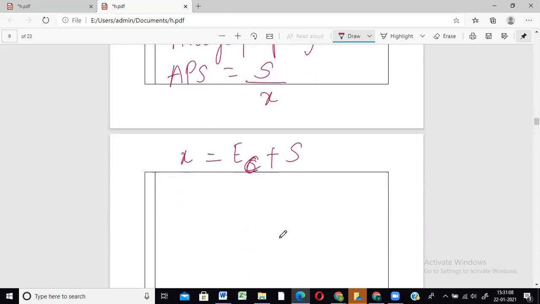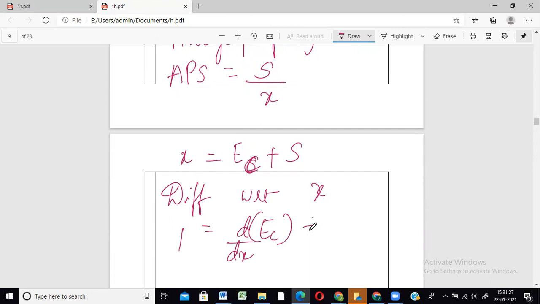Expenditure plus saving. Now when you differentiate both sides with respect to X, we'll get another formula. Differentiating X with respect to itself is always equal to 1. This is nothing but d by dx of expenditure plus d by dx of S. Now these formulas we already have.